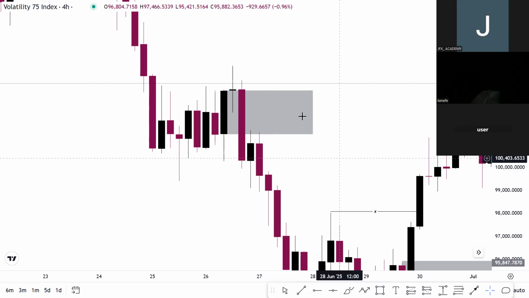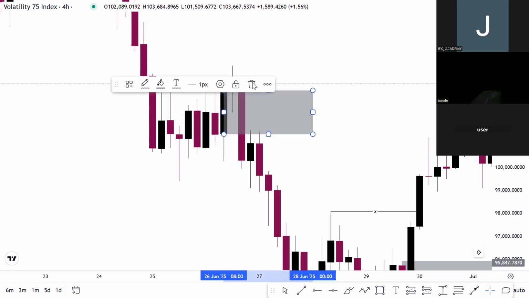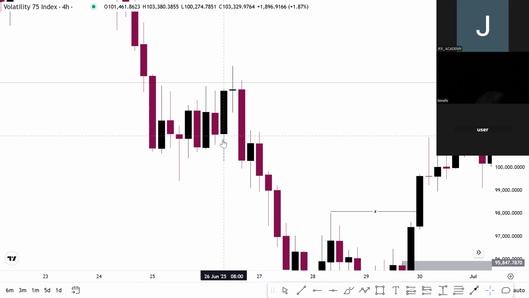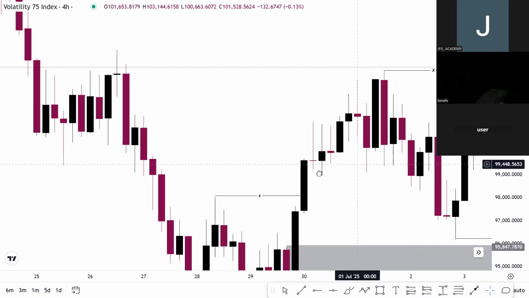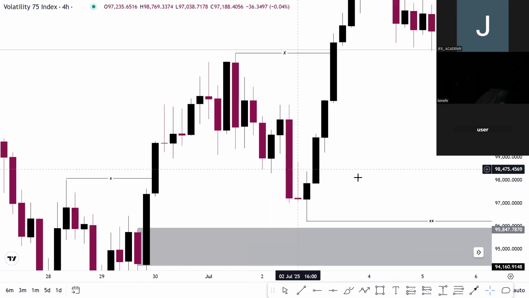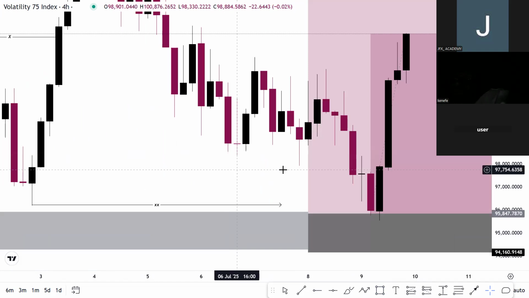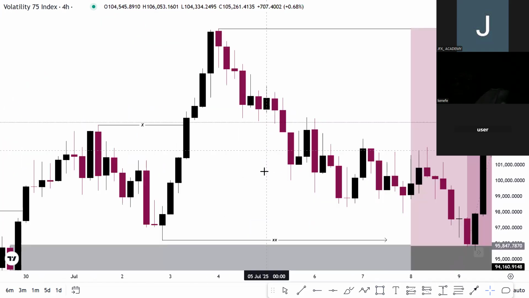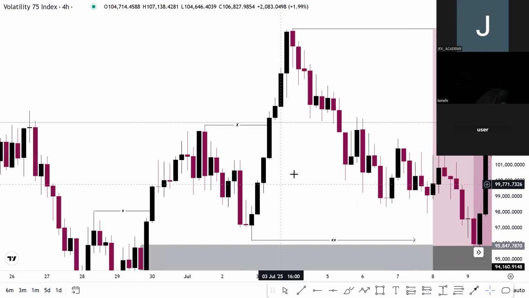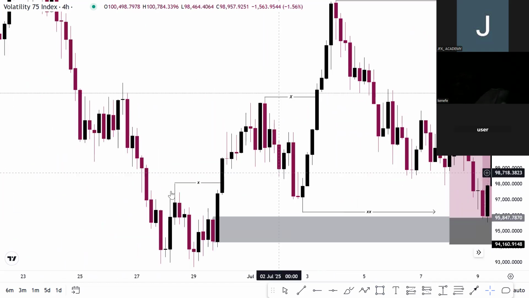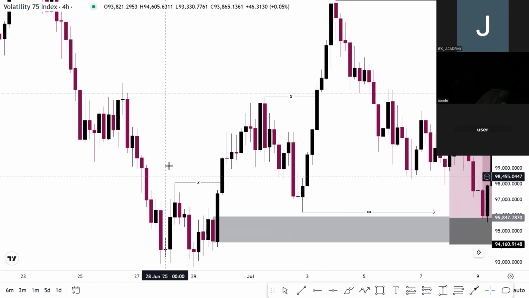But you may have some kind of order block where the wick is very short and the body candlestick is bigger. Let me look for it. Maybe I'm going to see it, then I will spot it out for you. There's this kind of candlestick where both side wicks are very tiny.